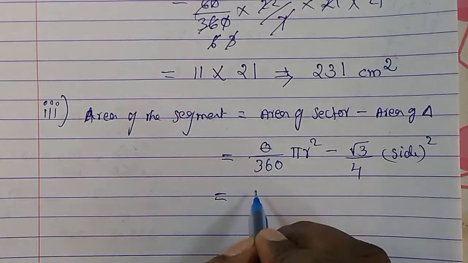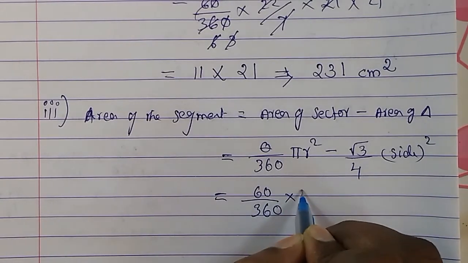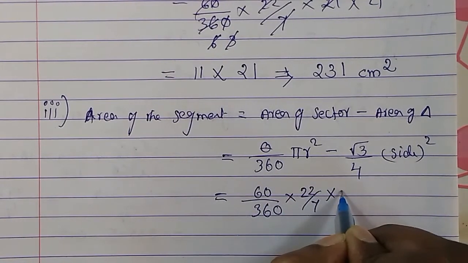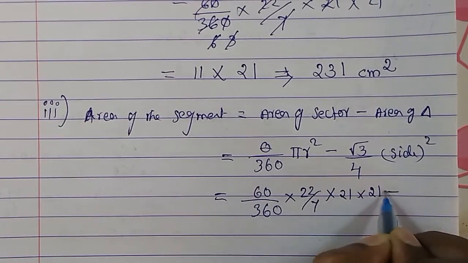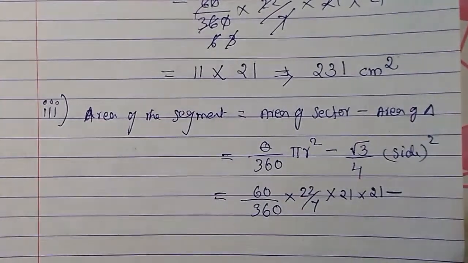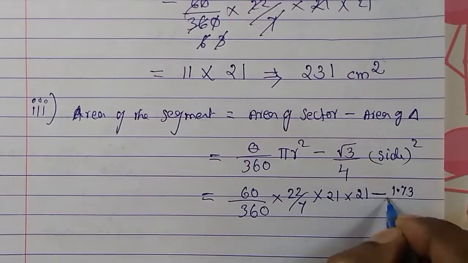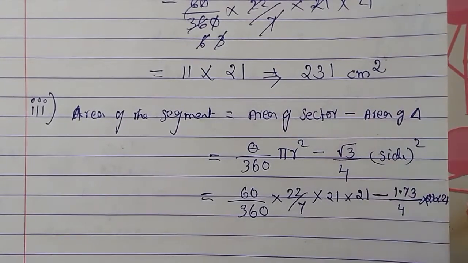So now put the value. Theta value is 60, 360, pi value is 22/7, radius is given to us 21, square it is, so 2 times, then minus root 3 value is 1.73, and this 4 side means it becomes a radius only, so 21 into 21.